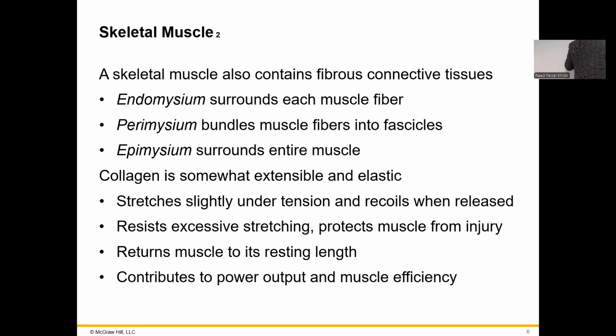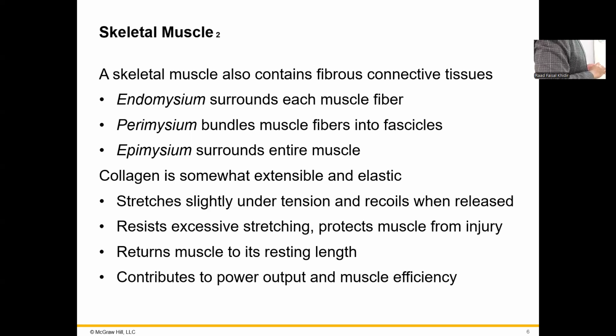Those are known as fascicles. So a fascicle is made up of perimysium that surrounds each muscle fiber encapsulated by the endomysium. Then I enclose all of them with a layer that is known as the epimysium. That is the most outer layer.